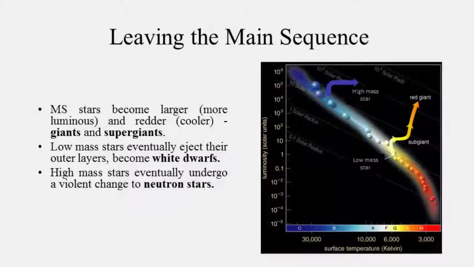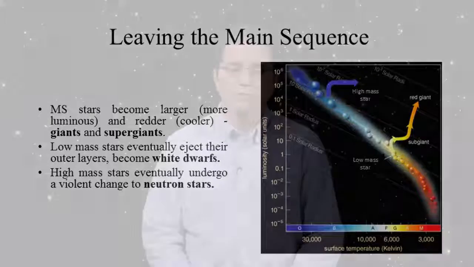Their luminosity and temperature will change in such a way that they will move on our diagram to become giants or supergiants. And eventually, many of those giant stars will become our white dwarf stars, as we'll see in a future lecture. So we have lots to look forward to tracing more of the details of that story.